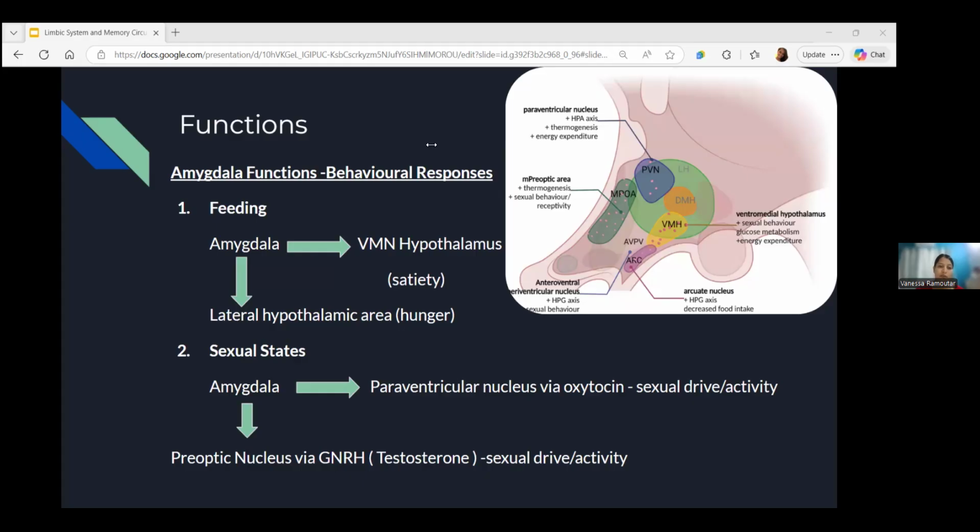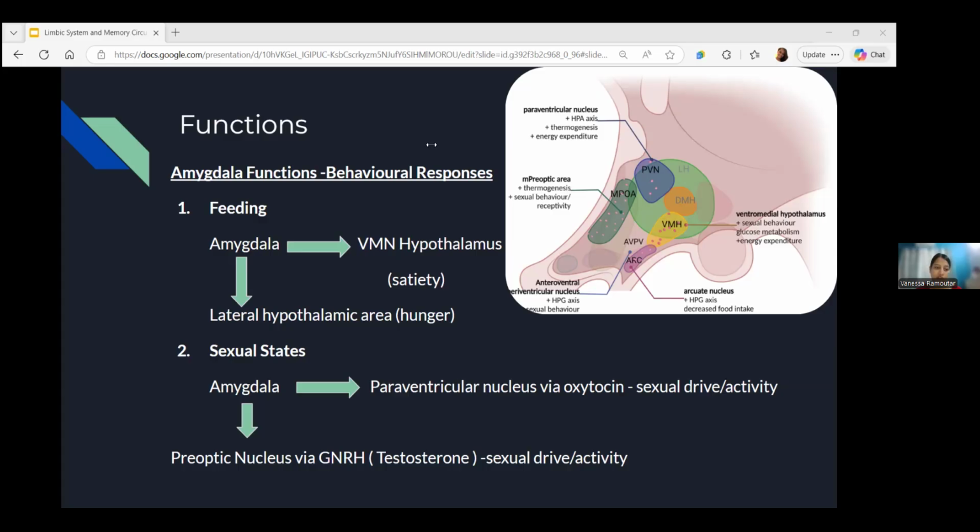There are two nuclei within the hypothalamus, the ventromedial nucleus, which results in satiety, and the lateral hypothalamic area, which results in hunger. Emotional states can also stimulate the amygdala to trigger the hypothalamic nuclei to either stimulate or inhibit these functions. Emotional states can also result in either increased or decreased sexual drive via two pathways.